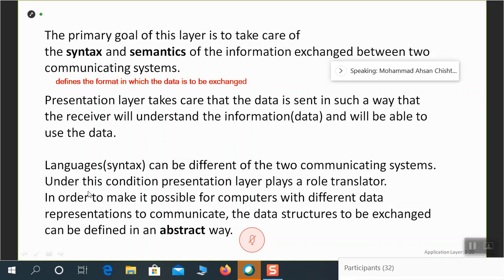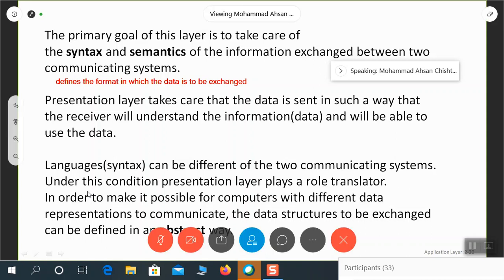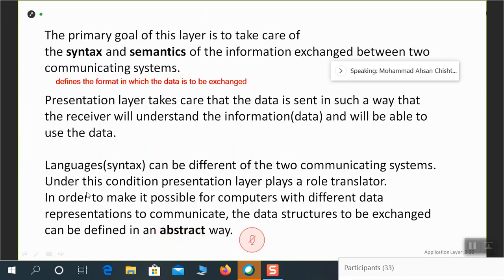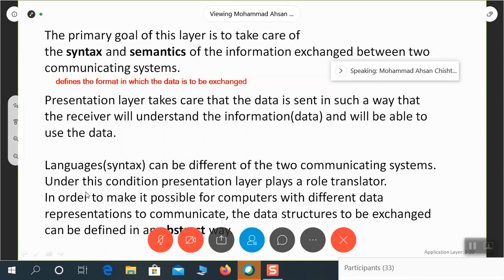What I mean by meaning of information, I'll be coming to in a little while. But as of now, keep in mind that it translates between multiple data formats using a single format, and also it is concerned with preserving the meaning of information sent across the network. It would encode, it would decode, and so on.